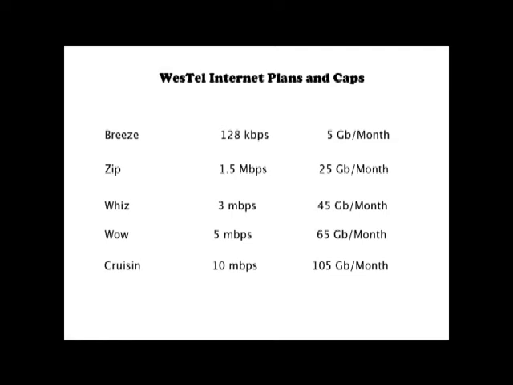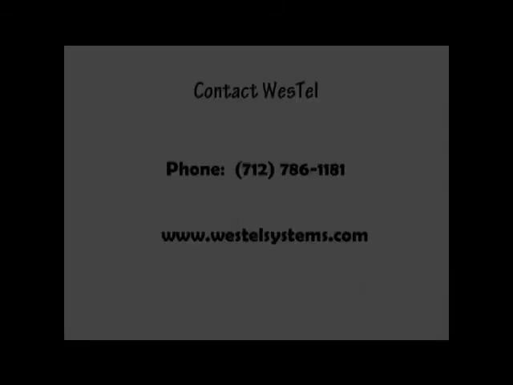If you have our Whiz plan, you have download speeds of 3 megabytes per second and a bandwidth cap of 45 gigs per month. And if you have our WOW plan, you have download speeds of 5 megabytes per second and a bandwidth cap of 65 gigs per month. And if you have our top plan, the Cruisin' plan, you have download speeds of 10 megabytes per second and a bandwidth cap of 105 gigs per month.